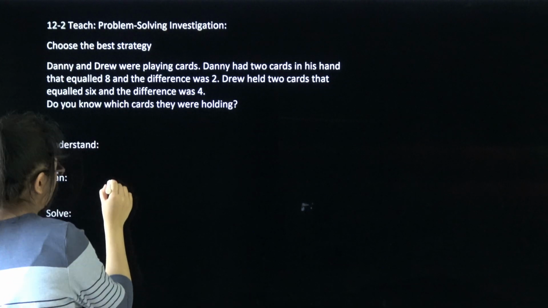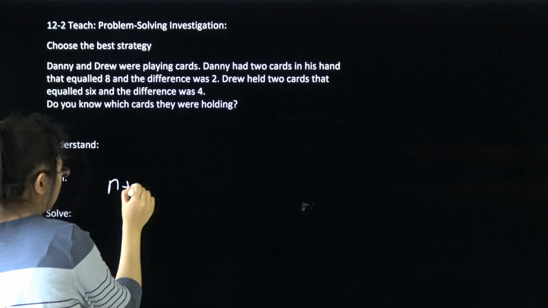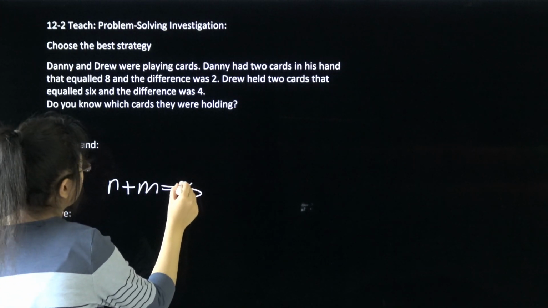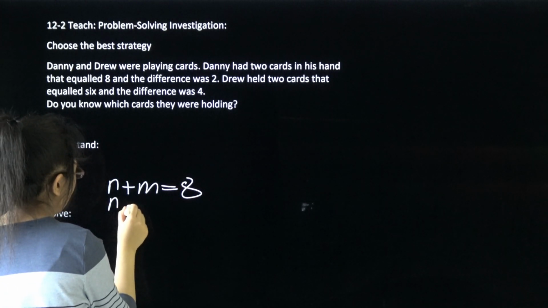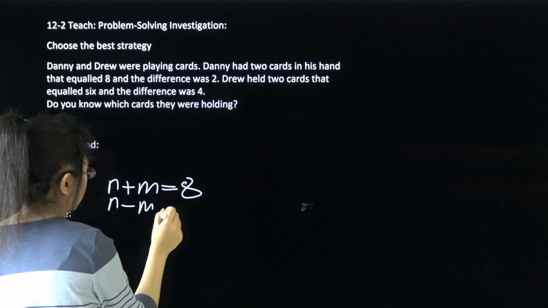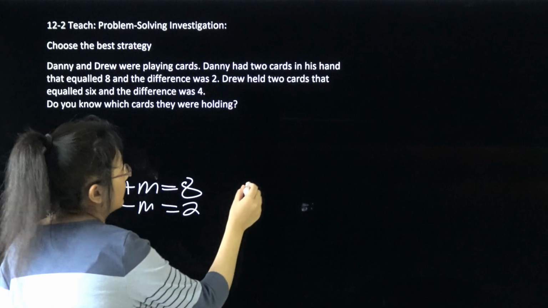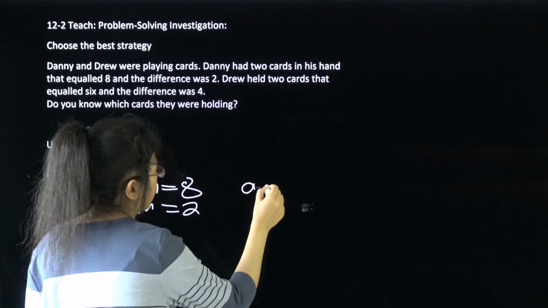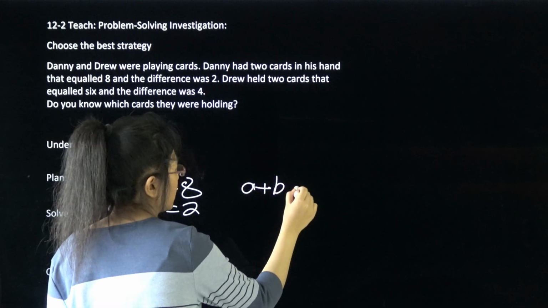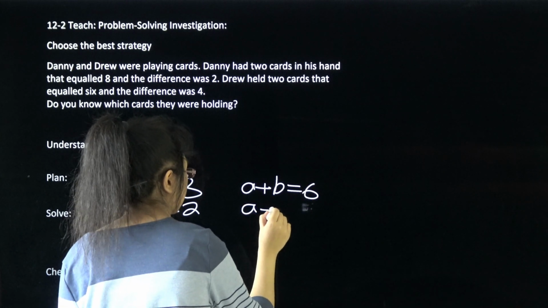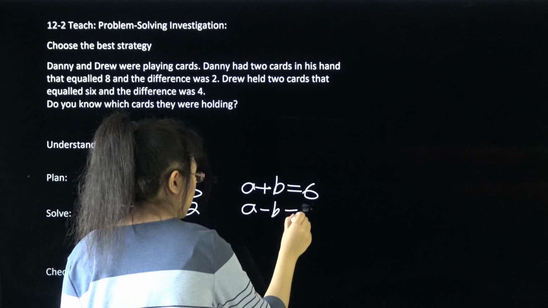For Danny's cards, I'll be using n and m. So n plus m equals 8, and n minus m equals 2. For Drew's cards, I'll be using a and b. So a plus b equals 6, and a minus b equals 4.